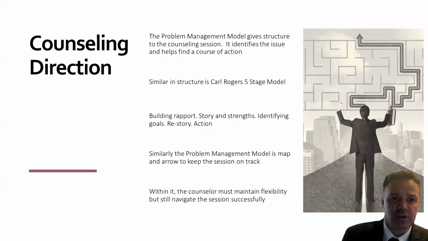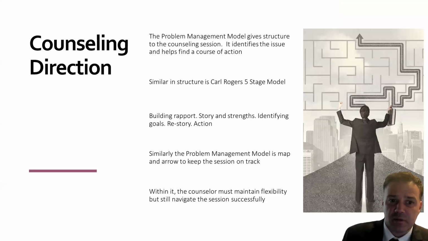And it's similar in structure to Carl Rogers' 5-stage model. Within Carl Rogers' 5-stage model, there's first building a rapport with the client, in which the client builds a sense of trust with the counselor, and that involves, like we mentioned in the first video, attending to the client, building that empathetic foundation of trust, and also being a counselor who understands the situation.